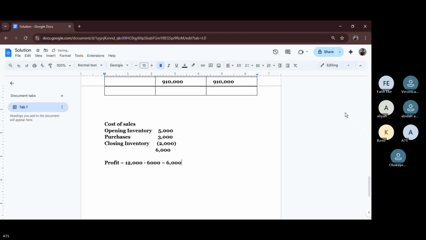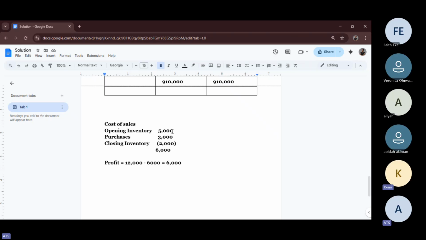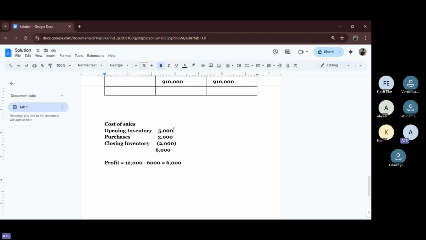Now, imagine you overstated by increasing opening inventory. What I mean is, if you're starting with profit as per financial accounting, and the opening inventory under financial accounting was higher than the one used in cost accounting, say it was 5,000 here but 3,000 under cost accounting.